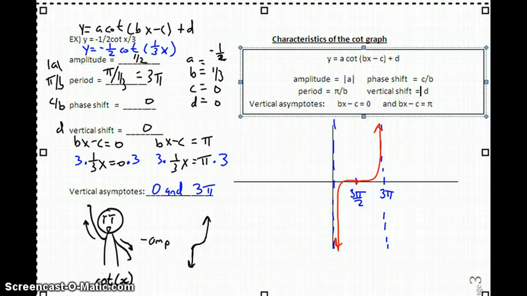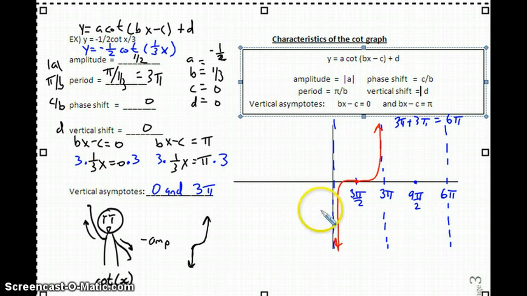Let's put on another period. So I'd come over here and think about this. If the period is 3 pi, I'm going to do 3 pi plus 3 pi, which is going to get me to 6 pi as my next vertical asymptote. Halfway point between 3 pi and 6 pi would be 4.5 pi. As an improper fraction, that'd be 9 pi over 2.